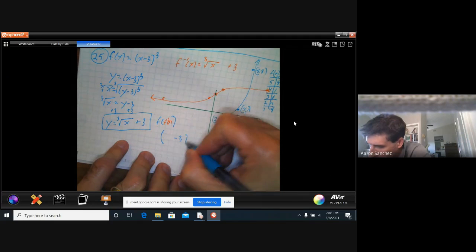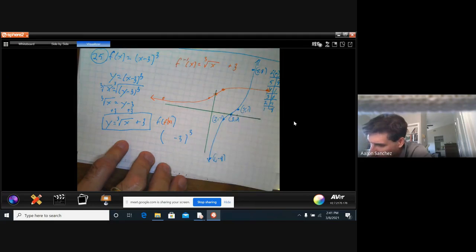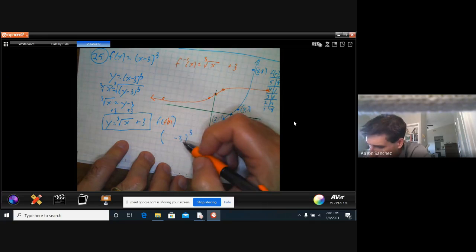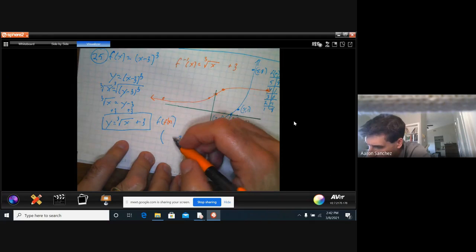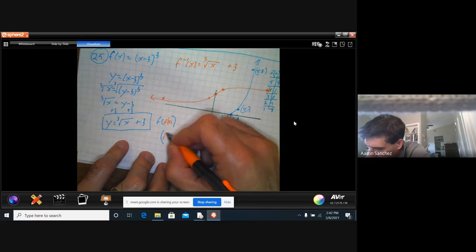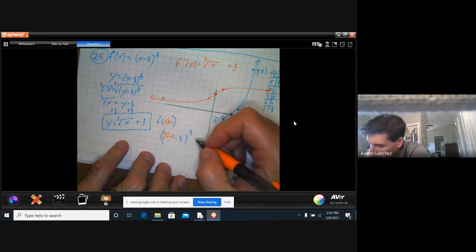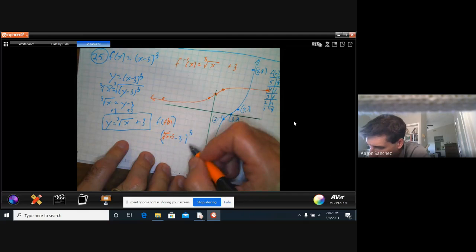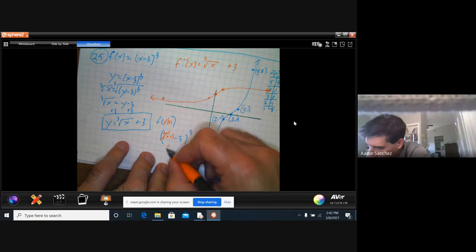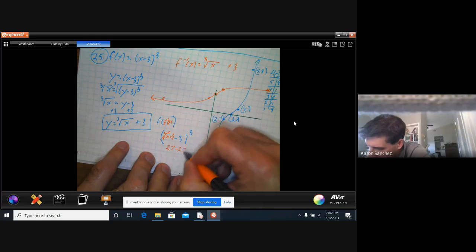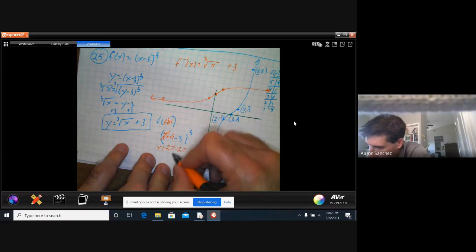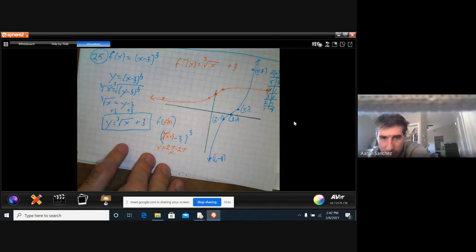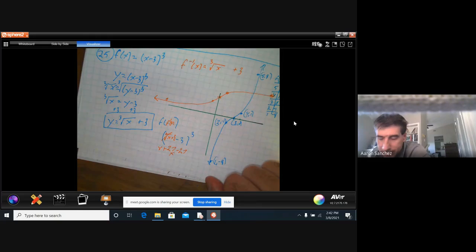So instead of x, we put in the cube root of x plus 3. The cube is going to cancel that out. It's also going to cube that, which will be 27. Cube that would be negative 27. And so 27 minus 27 cancels out, and we just have an x left over. Anyway, that's that. Are there any questions?